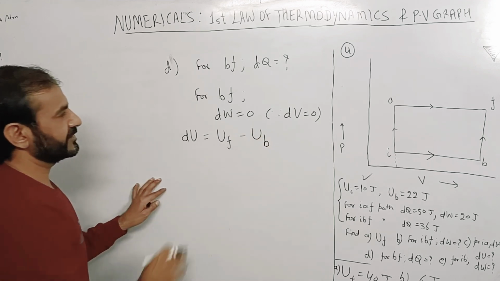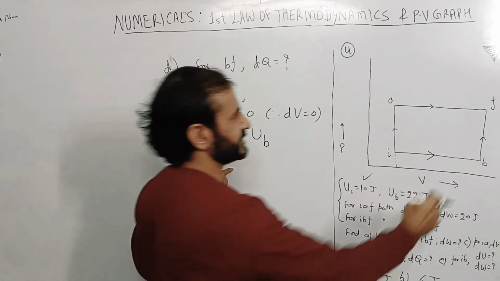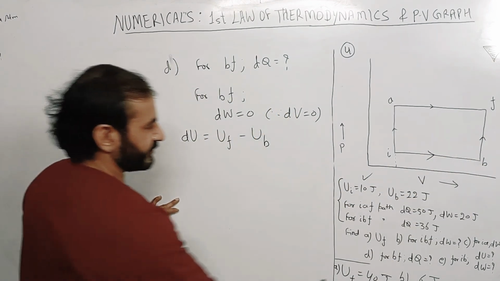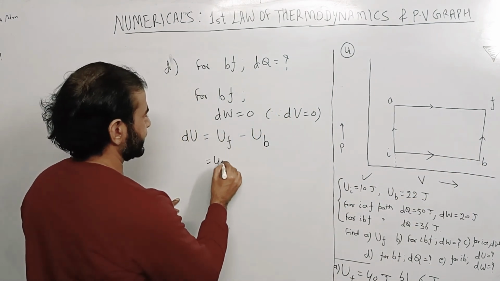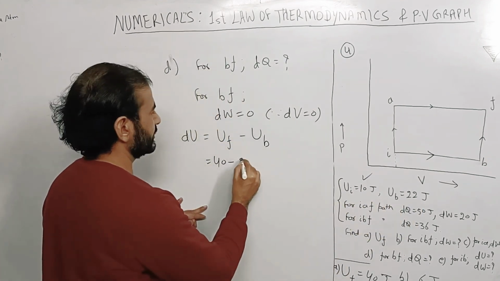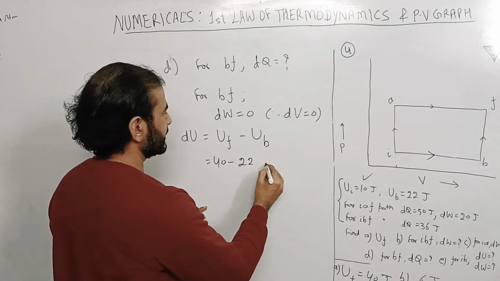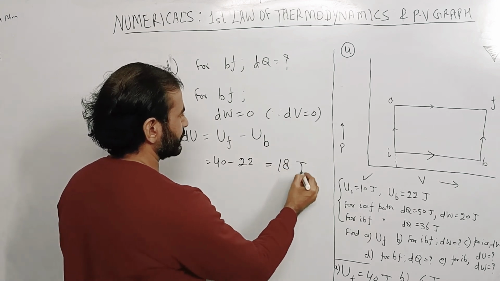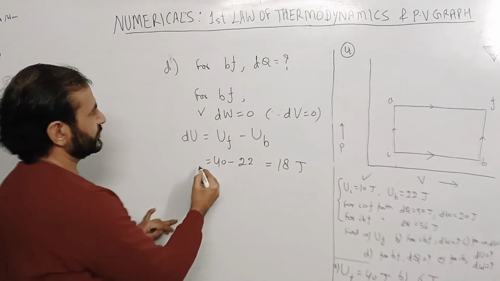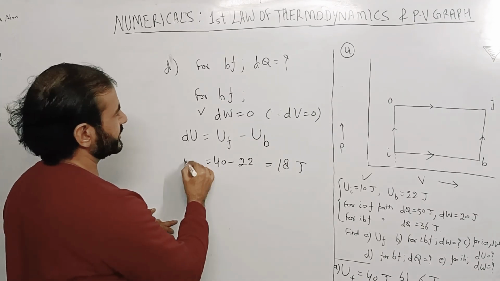Change in internal energy will be UF, the final state, minus the initial for BF. UF we have 40, minus UB we are given 22. It is 18 joule. So for BF, dW is 0, dU is 18.